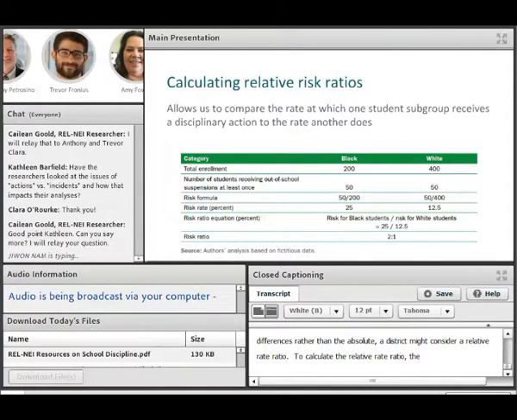So here you can see we're using the same data to provide a relative risk ratio as compared to the risk difference. So from using the same data, we see that although there's the absolute difference of 12.5 percentage points, that's interpreted as a 2-to-1 relative risk ratio for black students compared to white students.